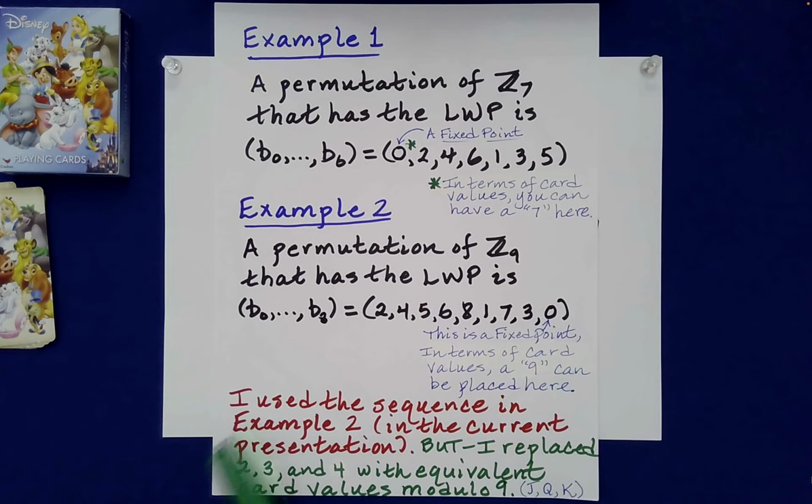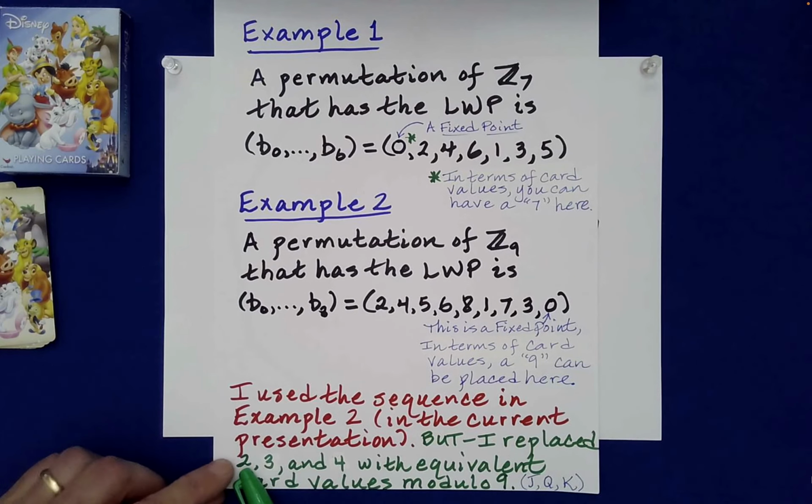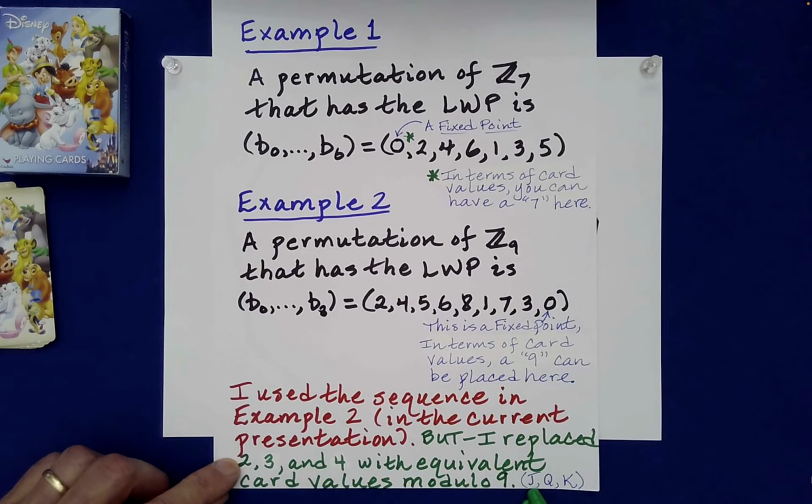Now what I have down here is I used the sequence in example 2, but I replaced the 2, 3, and 4 with equivalent card values modulo 9. Okay, so what does that mean? So instead of using a 2, I used a jack. Well, why is that going to accomplish the same thing?